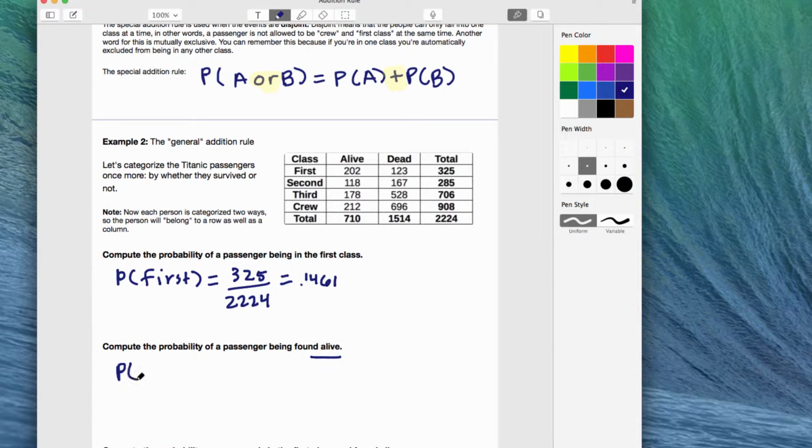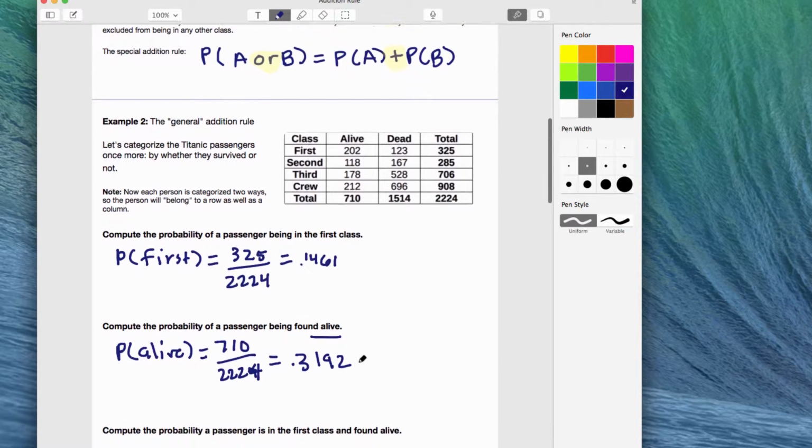So the probability that someone is found alive, we have 710 out of the 2,224 people. We have 0.3192. So about a 32% chance that someone would have been found alive. You could also interpret it as 32% of people were found alive.